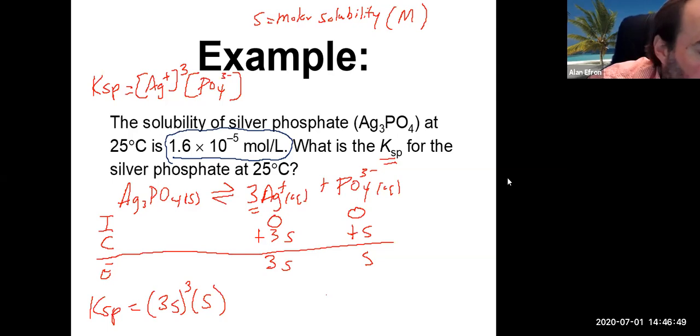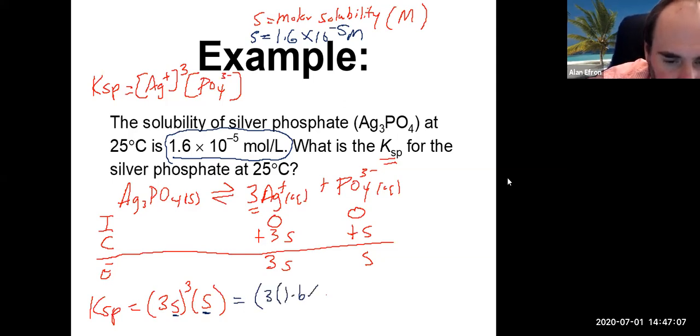Moles per liter is molarity, which means technically in this problem, they gave us that the S is equal to 1.6 times 10 to the minus 5 molar, which means that is this S and that's that S, which means we could actually solve for it by taking 3 times 1.6 times 10 to the minus 5, cubed, times 1.6 times 10 to the minus 5.